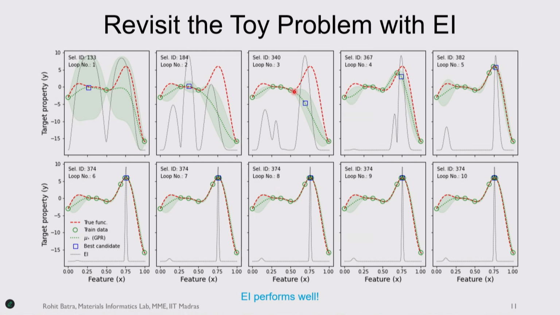But after the third loop, it knew that in this region my uncertainty is very large, and because of that, the probability of improvement and expected improvement will be larger. And because this is larger, it allows it to come outside that local maxima and explore further spaces and continue to find newer regions which have better properties.